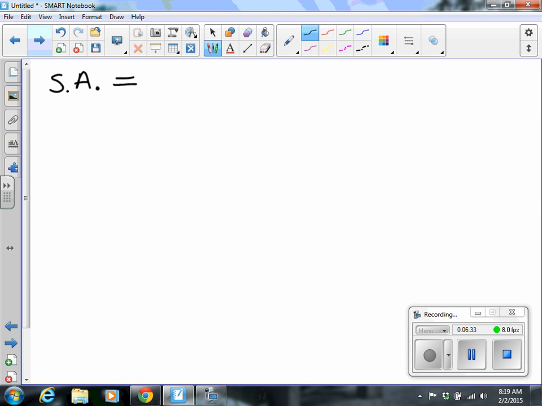Our surface area is our lateral area plus 2 times the area of the base.